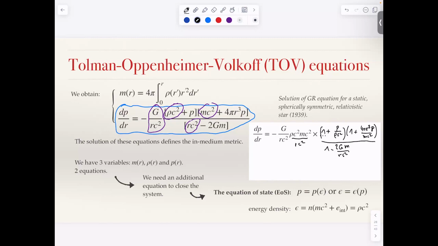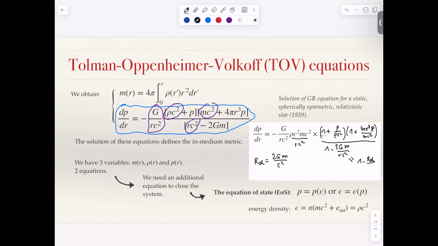And I remind you that the Schwarzschild radius is 2JM over c squared. So this denominator is simply 1 minus the Schwarzschild radius divided by r.